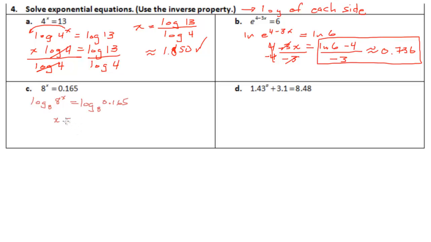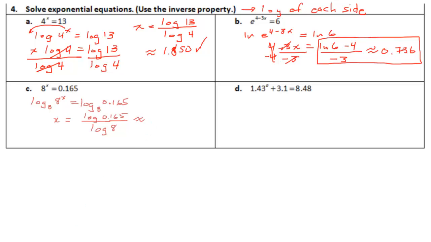And on the right-hand side, we have this different looking expression, but by change of base, the common log of 8 can be in the denominator, and in the numerator, log of 0.165 over log of 8. And there's the answer. That's kind of elegant to do it that way.